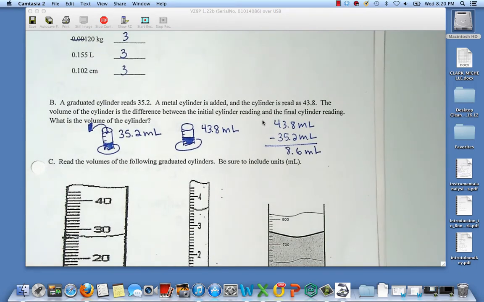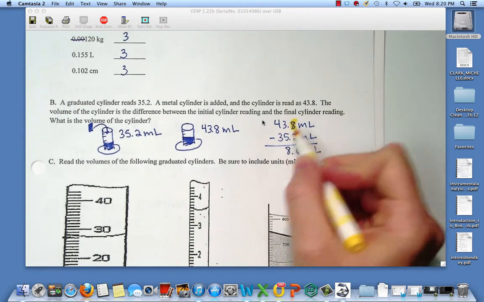Right. So now we have to think about Sig Figs. What am I doing? Addition or subtraction, or is it multiplication or division? So you're doing subtraction. So I have to look at after the decimal. So in each of these, I just have 1 after the decimal.